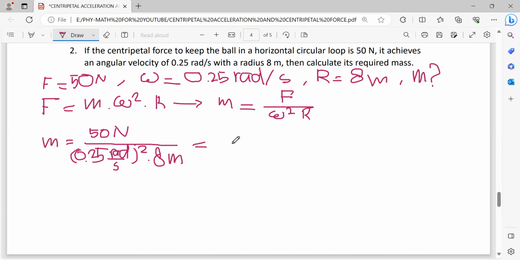If you calculate, it becomes 50 divided by 8 times 0.25 squared, and you may get the solution 25. For the detailed calculation, you may use a calculator.